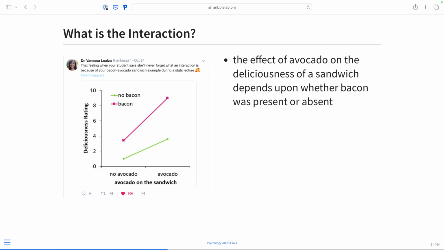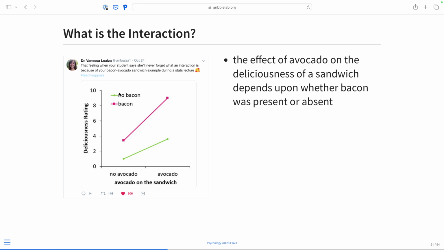Here's another silly example from Twitter, when Twitter was still called Twitter. This is a plot, I think it's made up data, although I believe it. It's a plot of the deliciousness rating of a sandwich when there's either no avocado in the sandwich or there is avocado. That's one factor.